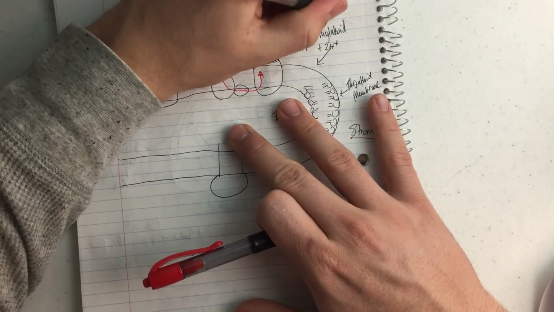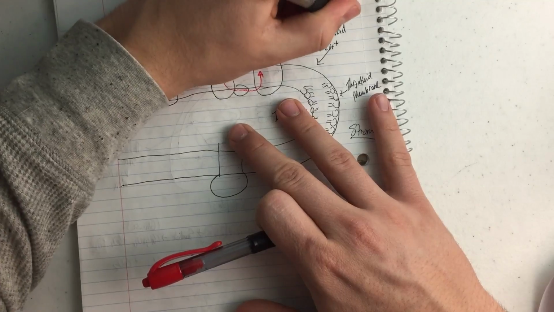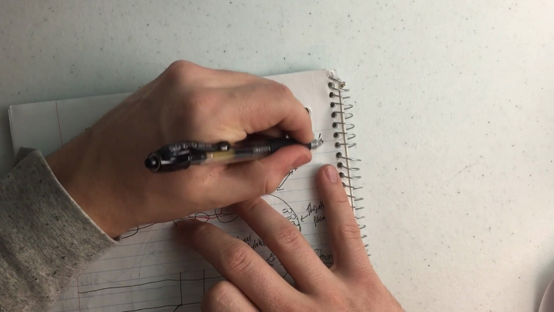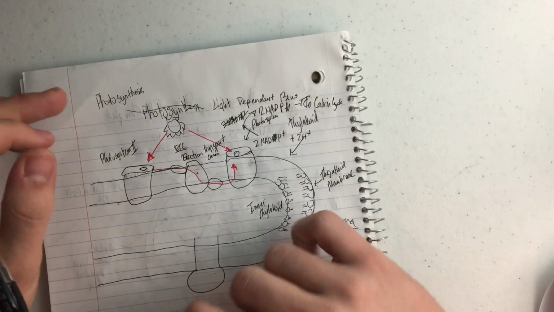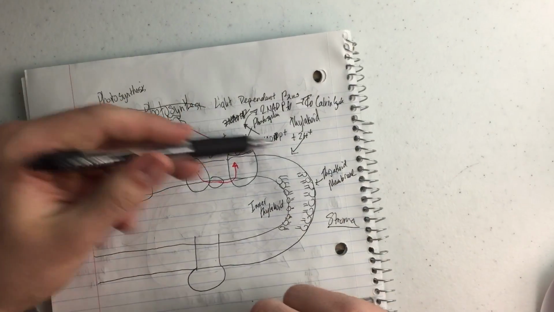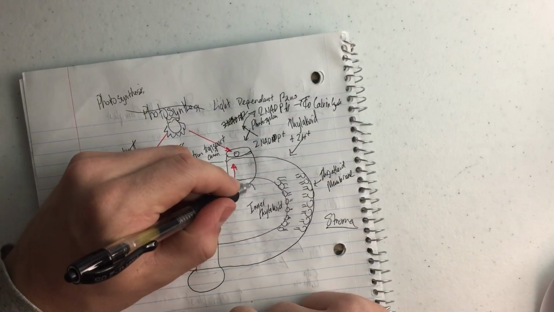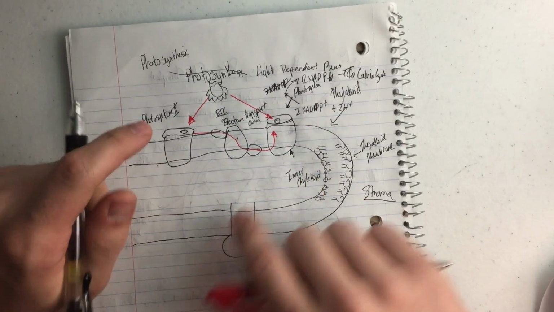And these are going to go to the Calvin cycle. I know that's a little bit confusing, but that's a product of photosystem 1 and photosystem 2. This is photosystem 1, even though it's second in the chain, because this one was discovered first, but photosystem 1 is the one that comes first.